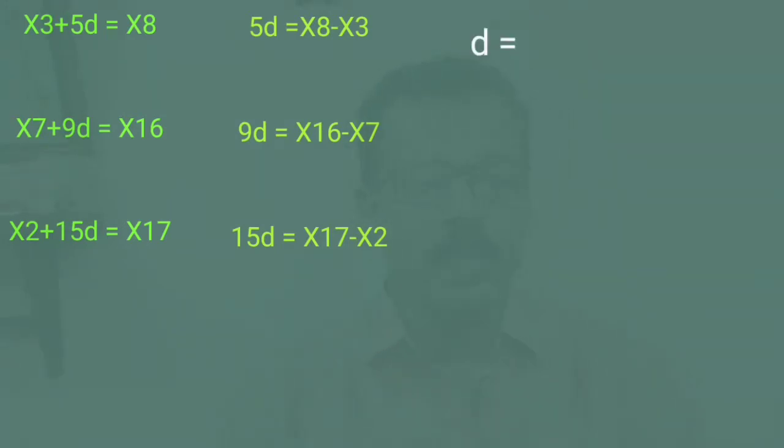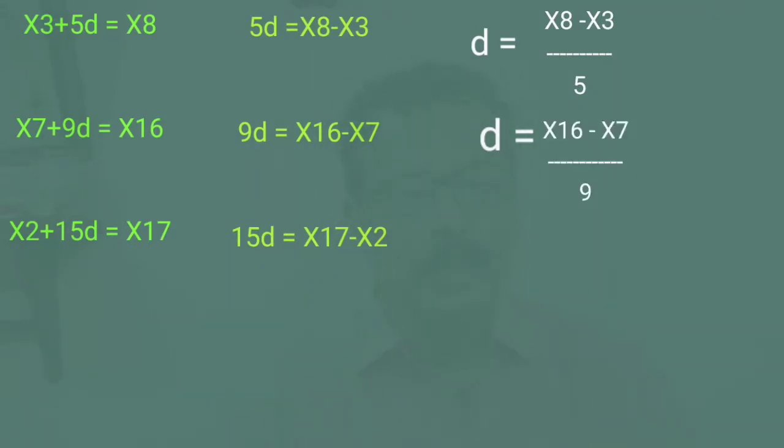So from the first one, the common difference d is equal to x8 minus x3 by 5. The second one, d is equal to x16 minus x7 by 9. And in the third case, it is x17 minus x2 by 15.